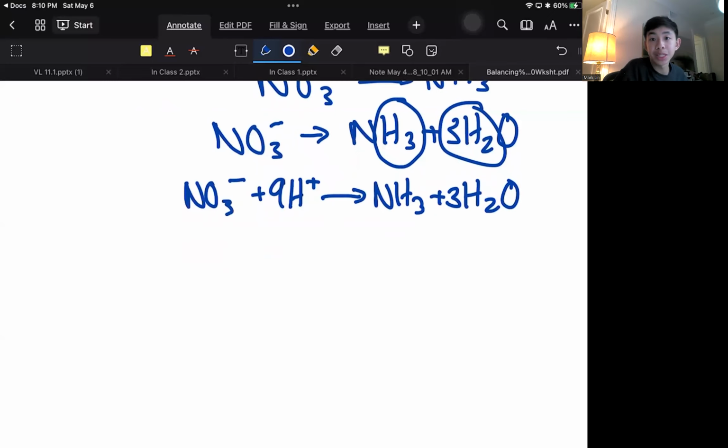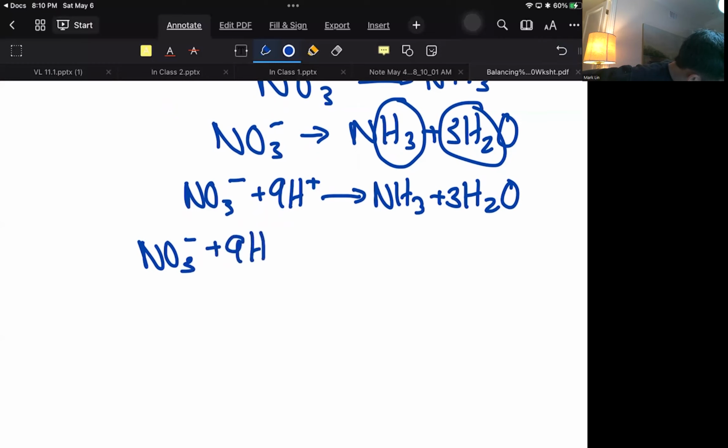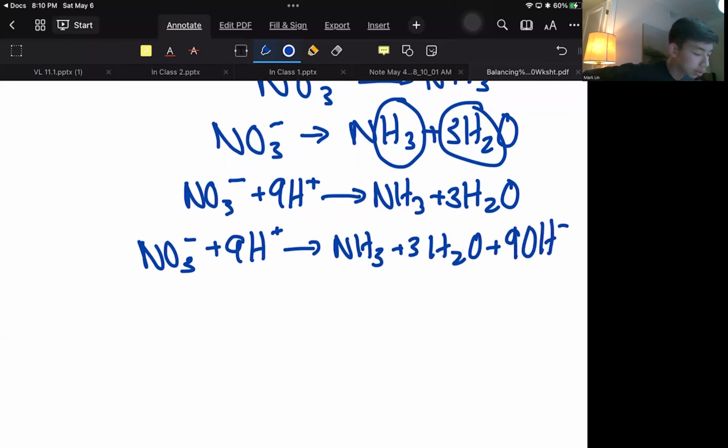And so, as I was saying before, when you add the hydrogens, you also have to add hydroxides. Since there's 9 hydrogens, we need to add 9 hydroxides. So NO3 minus plus 9H plus goes to NH3 plus 3H2O plus 9OH minus.